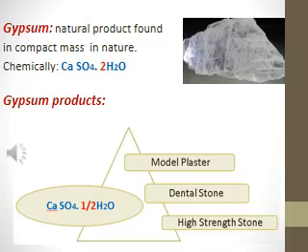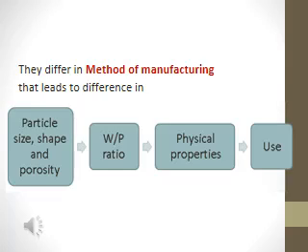Okay. As I have mentioned, the method of manufacturing of different types of gypsum products is different. So this will lead to difference in the powder particles in each type, specifically the particle size, shape, and their porosity.